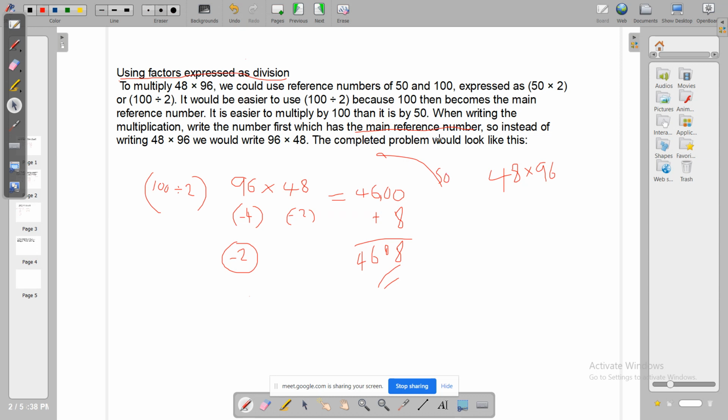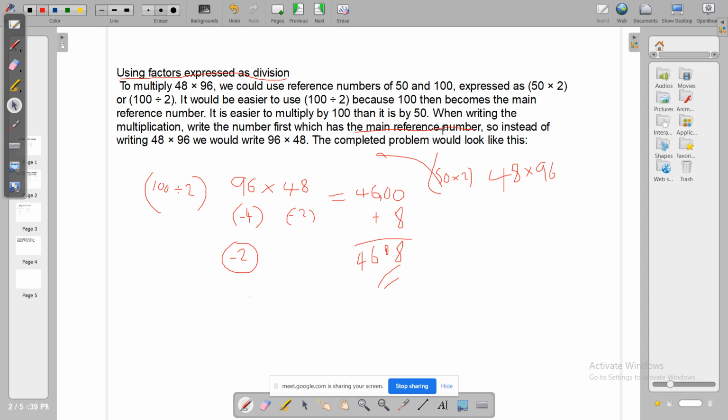Now we look for 96. So you ask yourself, what can I multiply by 50 that will give me a reference number of 100? 2. So times 2 here will also give us 100. That can serve as the second reference number.